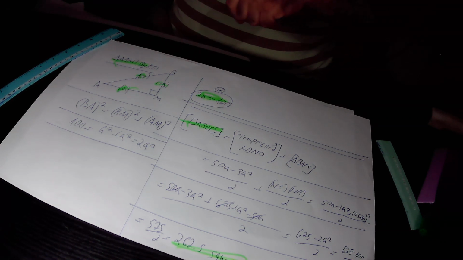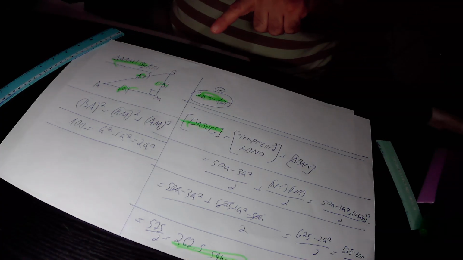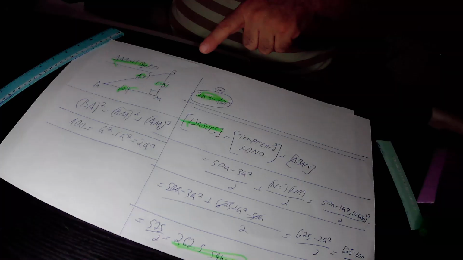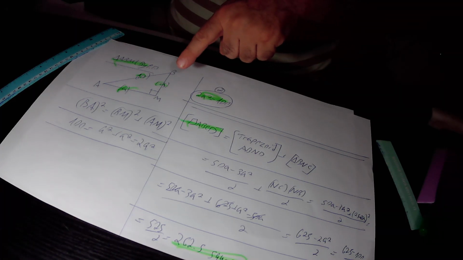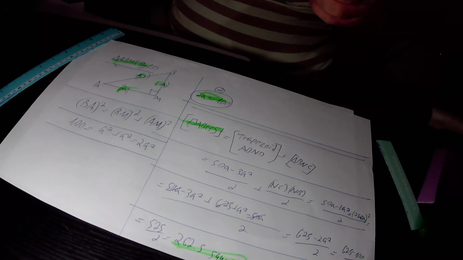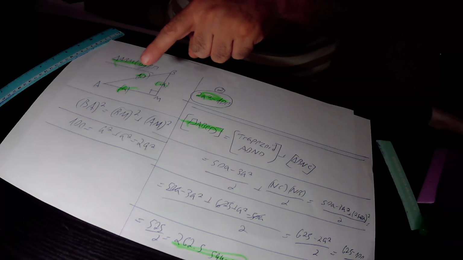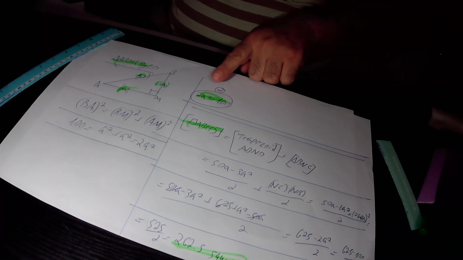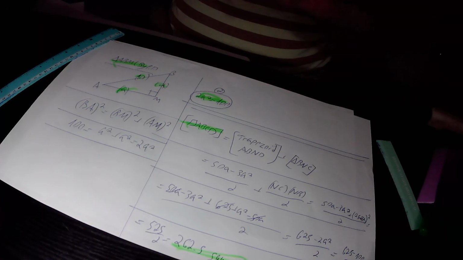BA is 10, therefore BA squared is 100, and it equals BM squared. BM is a, therefore BM squared is a squared, plus MA squared. MA is a, therefore MA squared is a squared. So 100 equals a squared plus a squared, that is 2a squared. So 2a squared equals 100.